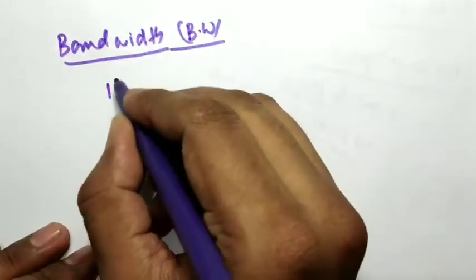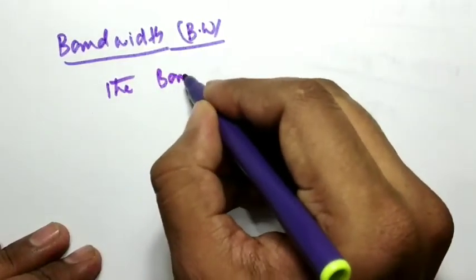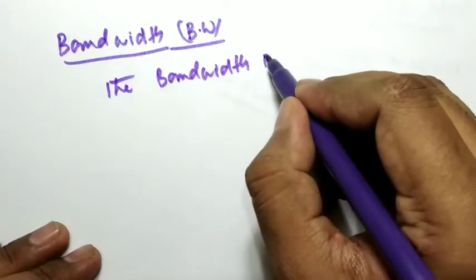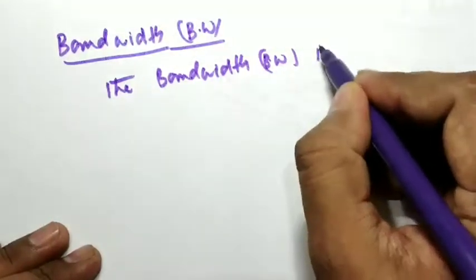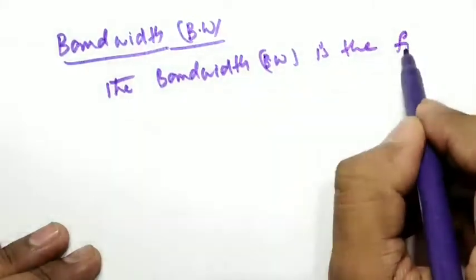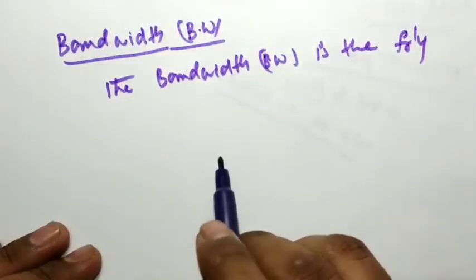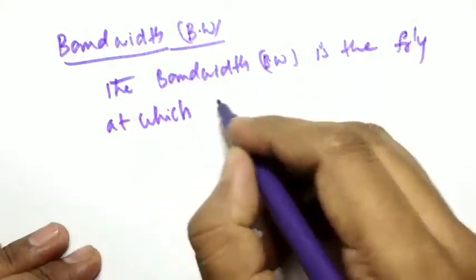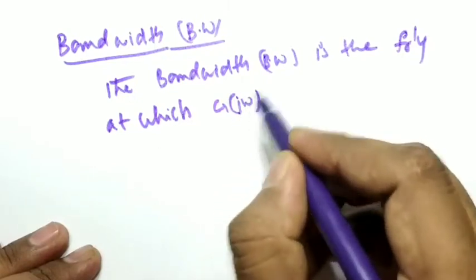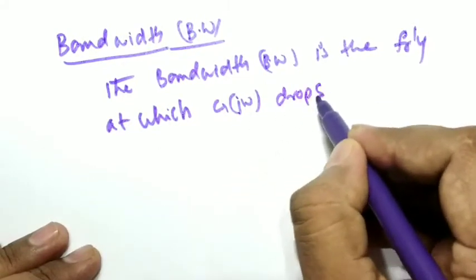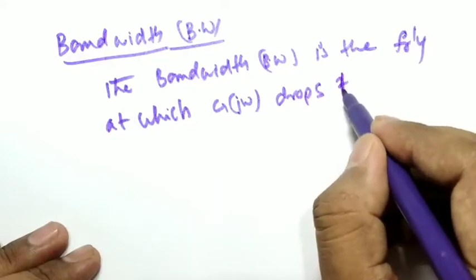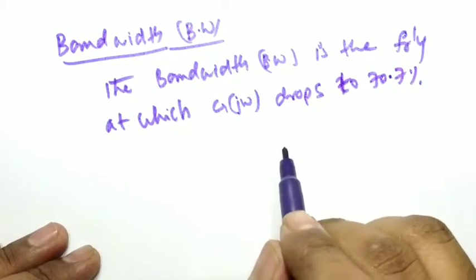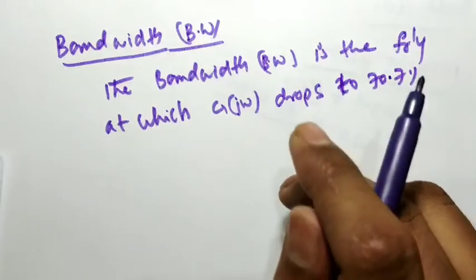So the definition: the bandwidth is the frequency at which M(j omega) drops to 70.7%.